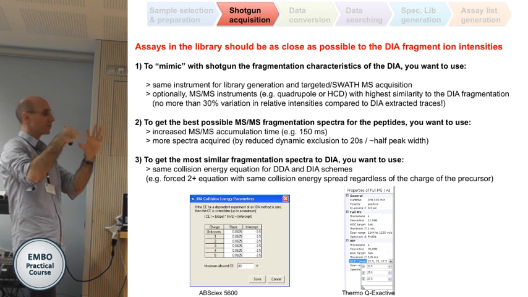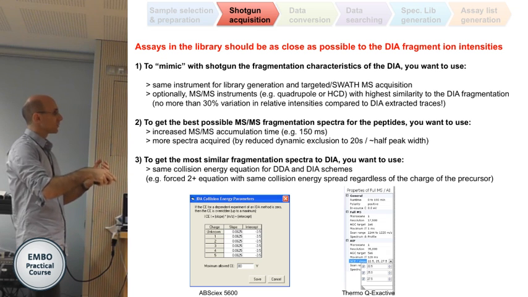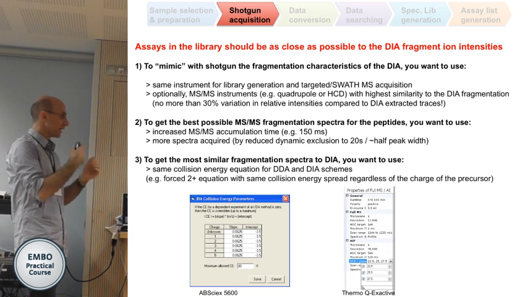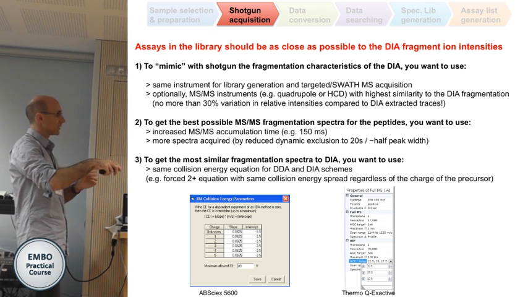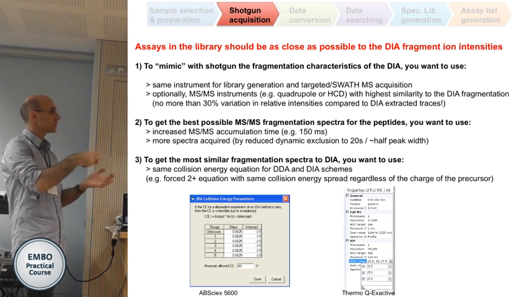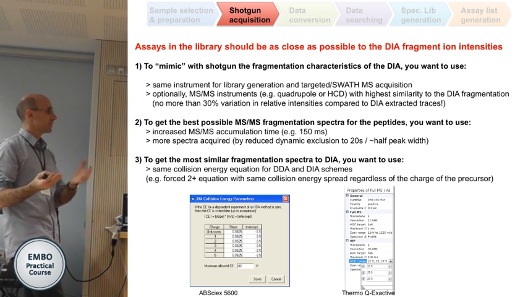So whether it's a doubly, triply or quadruply charged precursor inside your window, you're going to apply the same collision energy in DIA. And therefore, you want the shotgun also to have the same collision energy regardless of the charge state, and the collision energy scheme for the fragmentation in shotgun should also be the exact same scheme that you use in your SWATH or DIA acquisition methods.